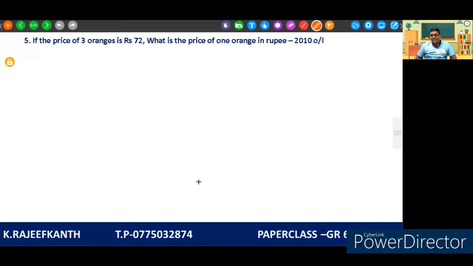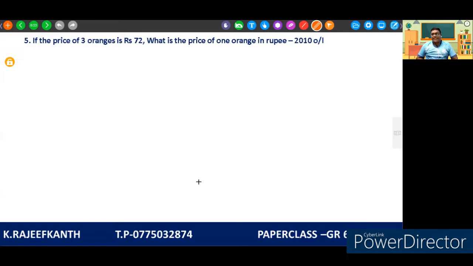Here this question is from the 2010 O-level paper, right? So now they have given the price of 3 oranges, that is 72 rupees. So you have to find the price of 1 orange. I think within 8 to 10 seconds you can find. Because they have given the price of 3 oranges is 72 rupees.